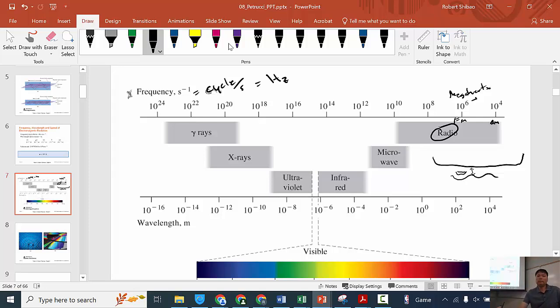And so when you look at the wavelengths here, 1,000 meters for radio waves. 1,000 meters, that's 1 kilometer. If you have a 1 kilometer wavelength, that's the distance from peak to peak, and it's coming at you at 1 million cycles per second.